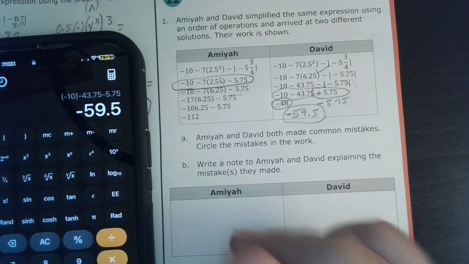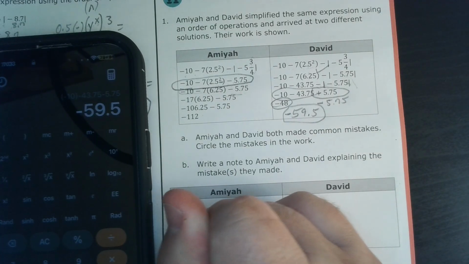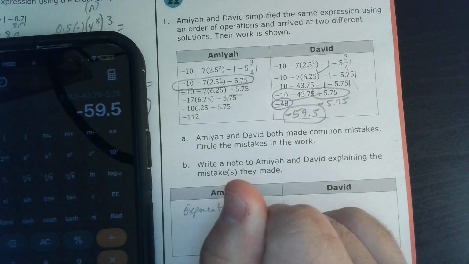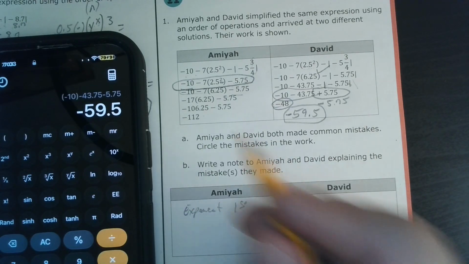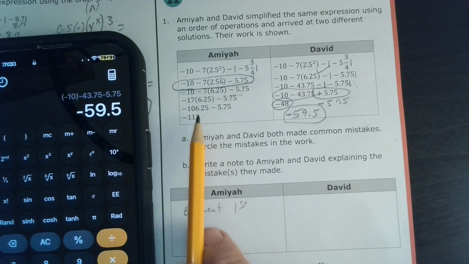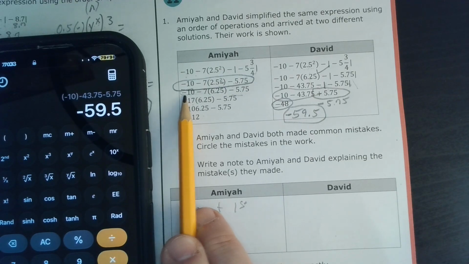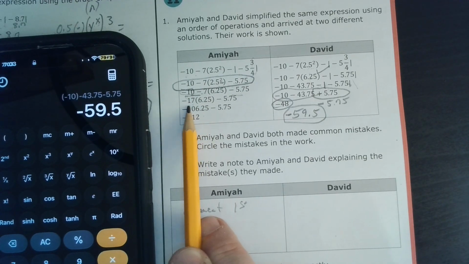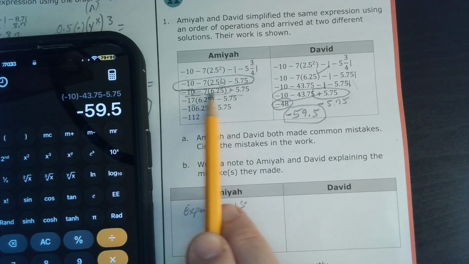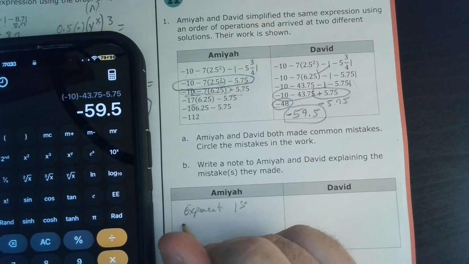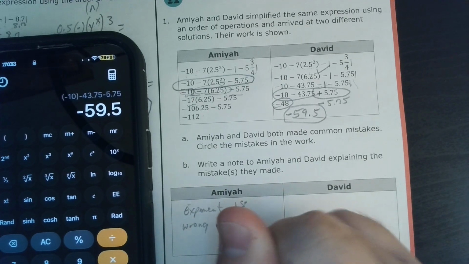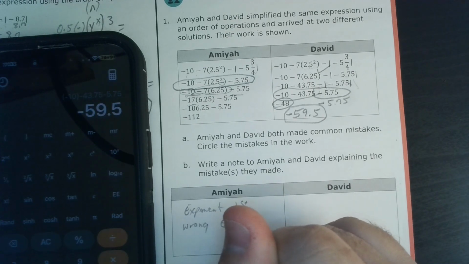Write a note. So I'm just going to put exponent first. And then right here, she messed up because she did -10 and -7 instead of multiplying here. So exponent first, wrong order.